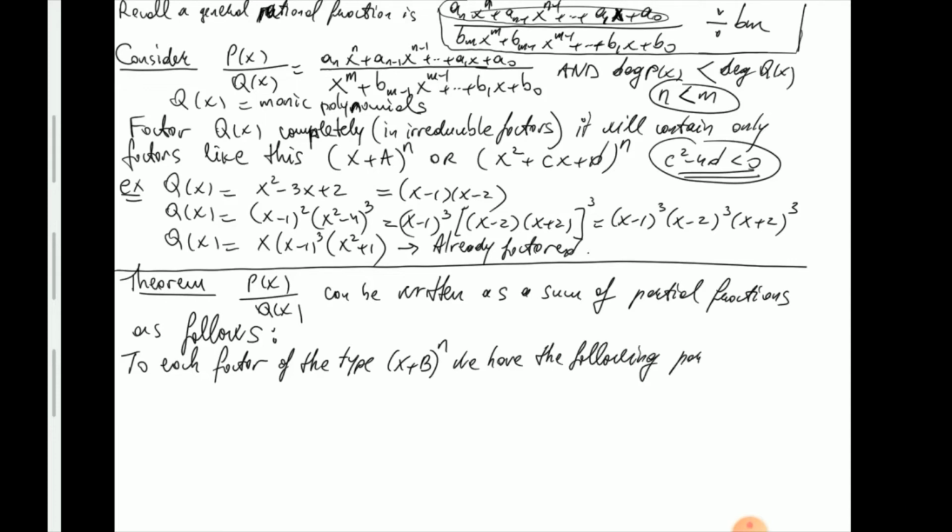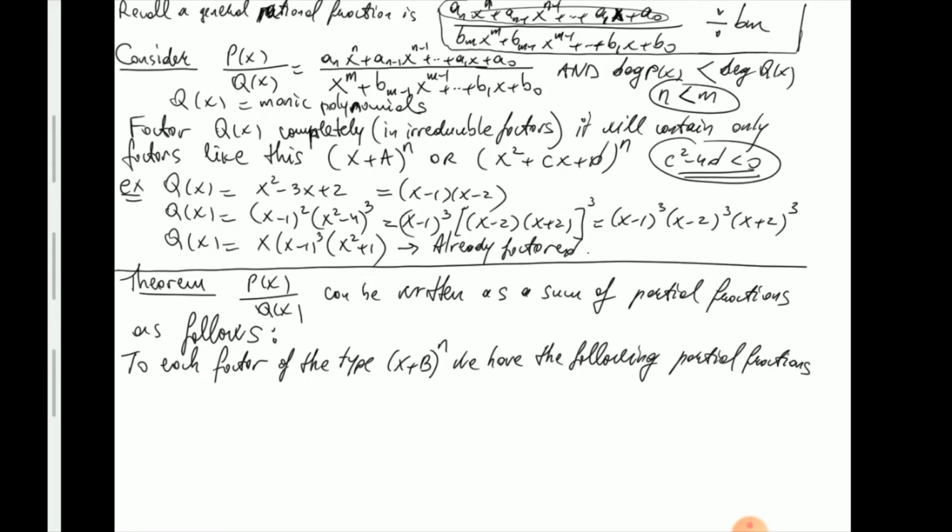So to each factor in q of x, to each factor of the type x plus b to the power n, we have the following partial fractions in the decomposition.